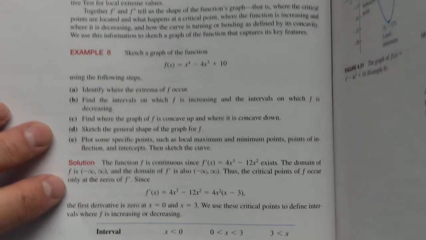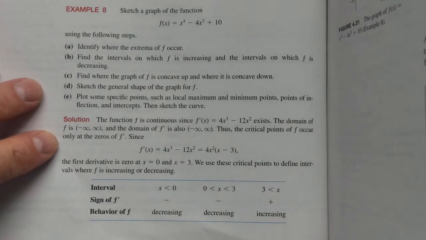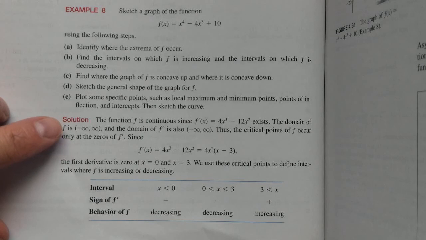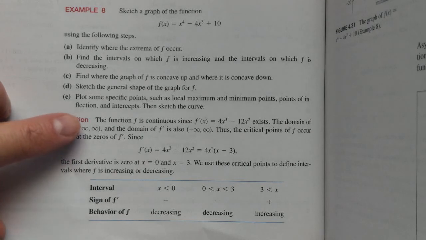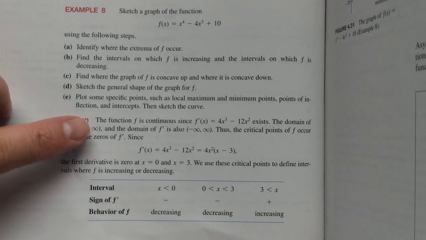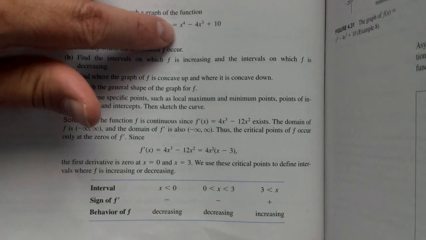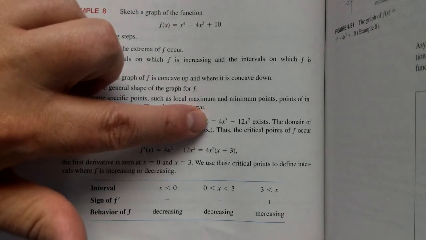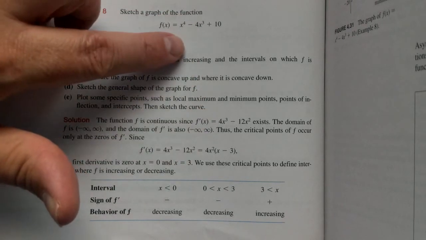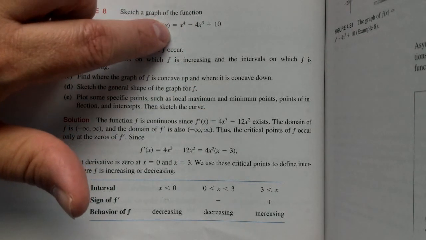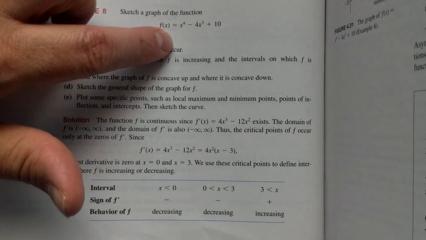The first thing they're doing is graphing it and saying it's continuous because the derivative exists. They had x to the fourth, which turns into 4x cubed. So you bring your 4 in front and decrease the power.